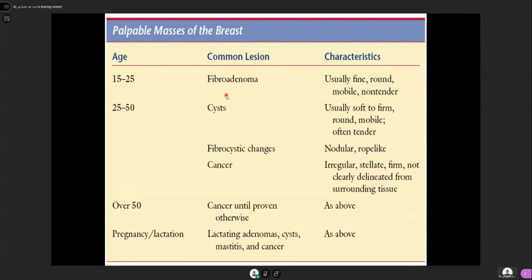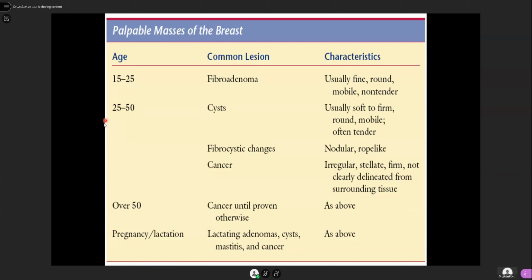Then this is a chart showing you, according to the age, the different masses in the breast. If a female develops a breast lump at a young age, it is more likely to be a fibroadenoma. It is mostly firm, round, mobile, non-tender.